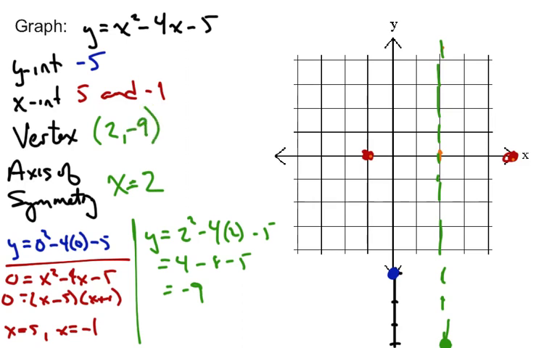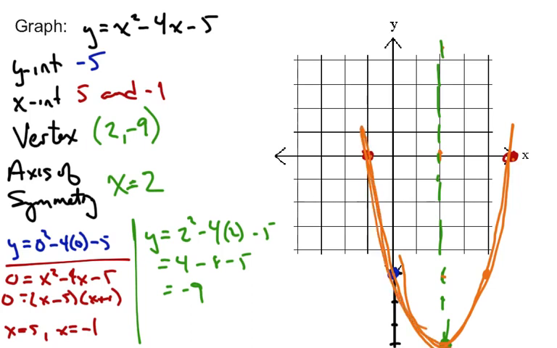So (2, -9) would be our vertex, and then we have enough to come up with our graph. We could plot one more point just from symmetry. We went 2 spaces to the left of our axis, so we go 2 spaces to the right, and there we got a nice parabola.